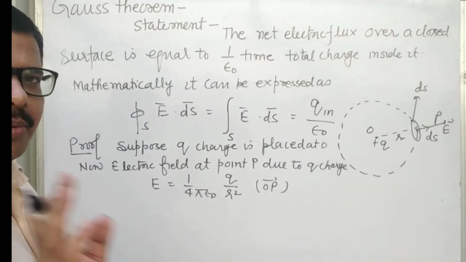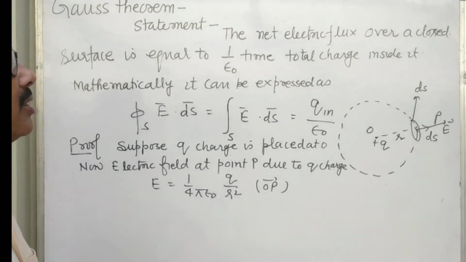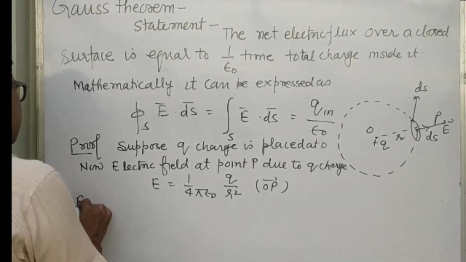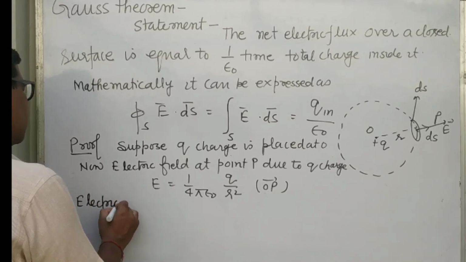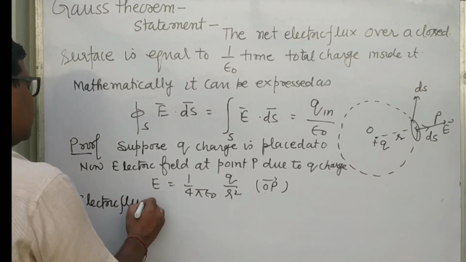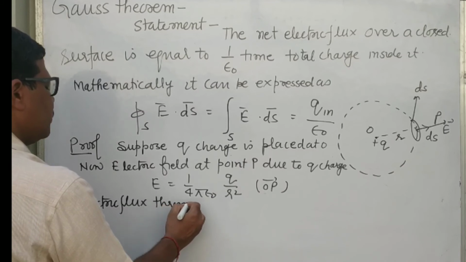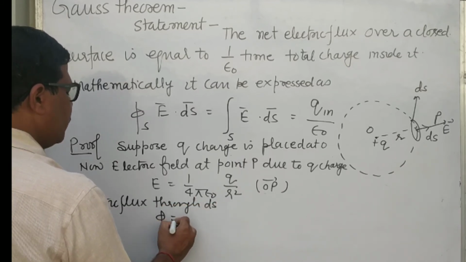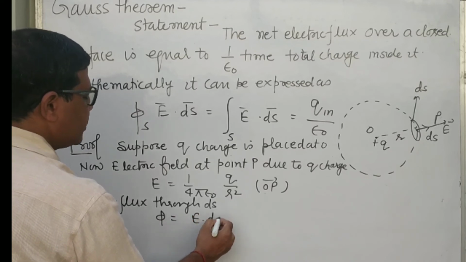Now we have to determine the electric flux through the ds. So electric flux through ds is E into ds.